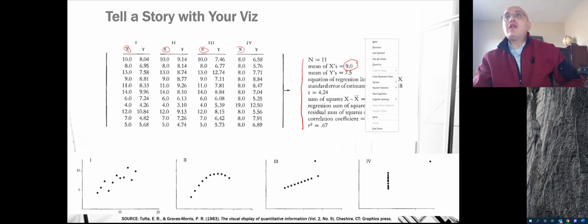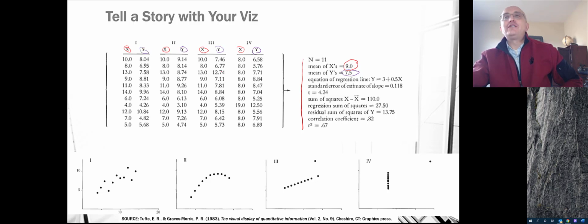If I take the mean of all the y's, they end up being 7.5. So all these y's have the same mean. And we could go on and on with all these descriptive statistics. All these descriptive statistics are the same for each of these 4 sets of data.